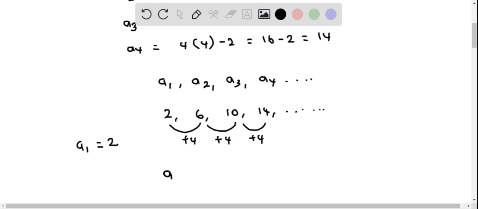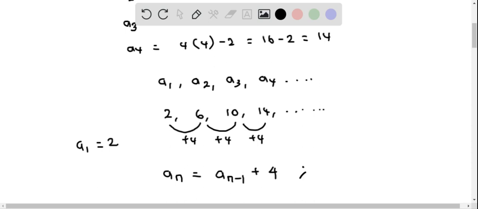So therefore, we can write down the recursive definition as a_n equals, sorry, we can write this as a_(n-1). a_(n-1) represents the previous term for a_n. Plus, we have to add 4.